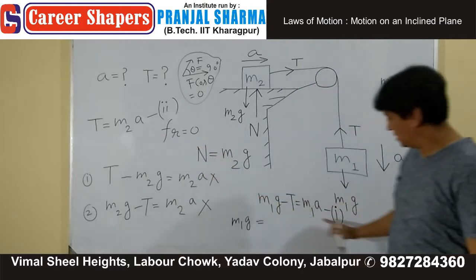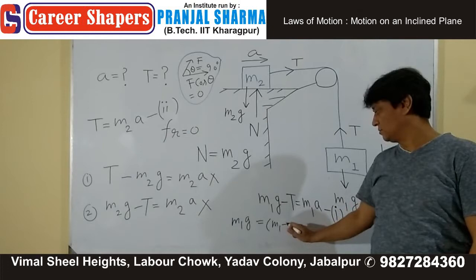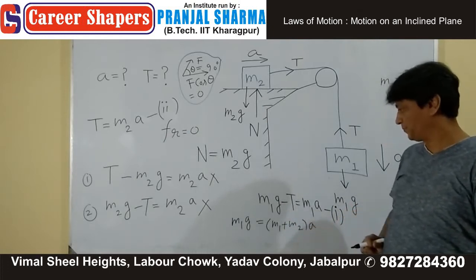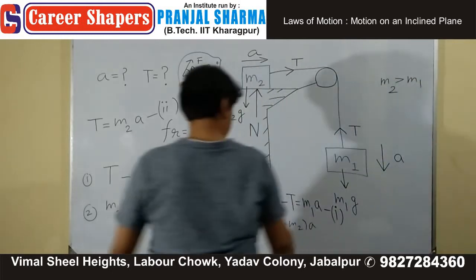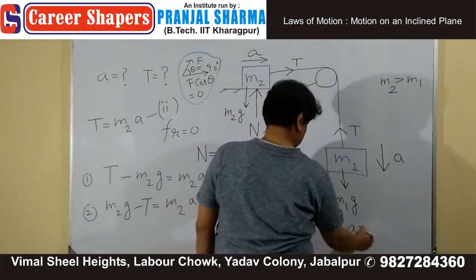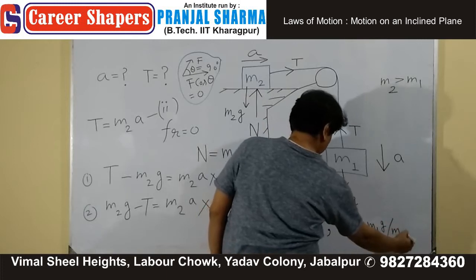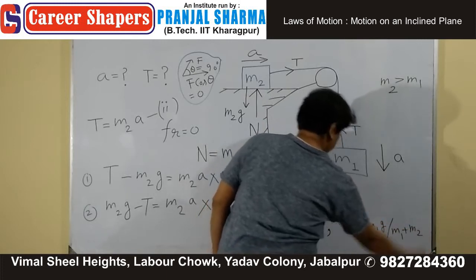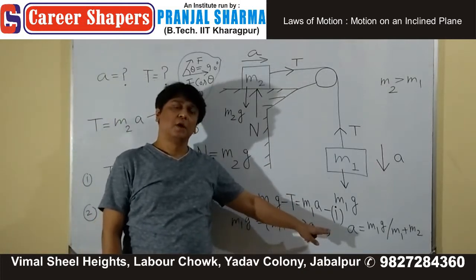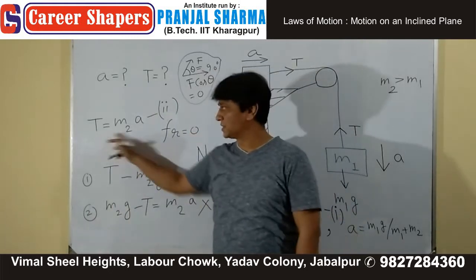This m2a and this m1a becomes m1 plus m2 times a, thus giving you acceleration as m1g divided by m1 plus m2. That's your acceleration.